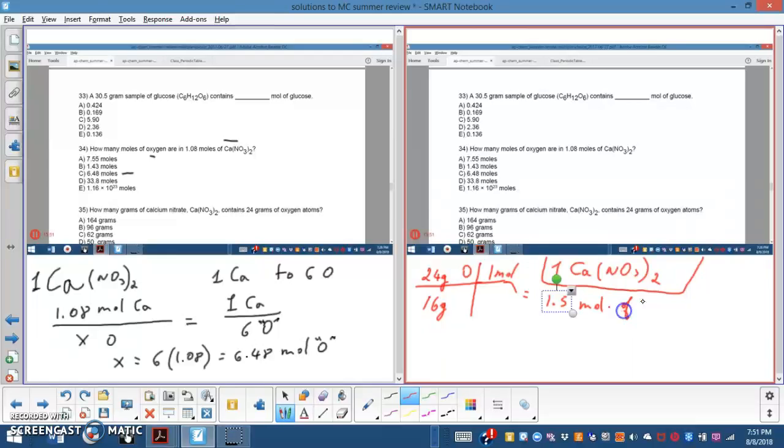Again, your ratio says 1 calcium nitrate is connected to 6 oxygens, but you have instead 1.5 moles of oxygen. So how much calcium nitrate do you need? It is going to be 1.5 divided by 6, which is 0.25.